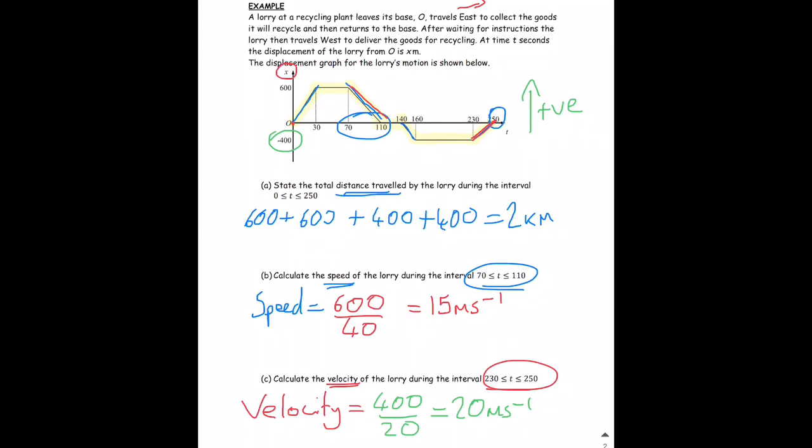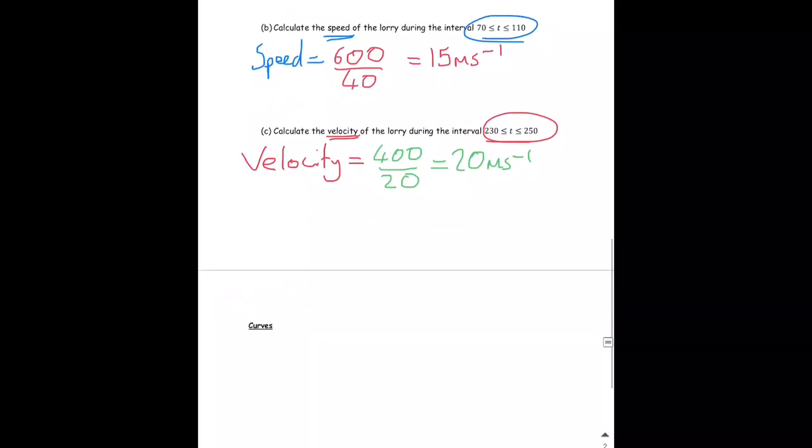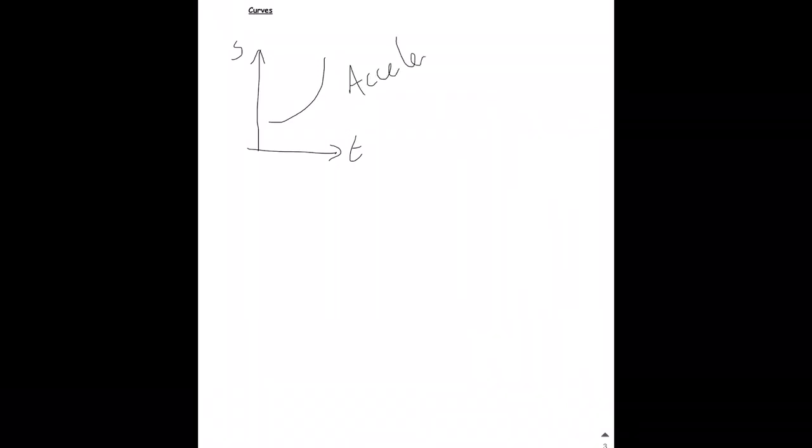Velocity, it does. Okay, so just another quick thing on these graphs, curves. You can have a curve, so if for example you've got some axes for your displacement and your time, maybe your displacement's in meters and your time's in seconds, then you can have a curve, maybe if it's curving upwards like that, then that just shows that it's accelerating, because the displacement is getting further and further away, it's getting steeper as time goes on.